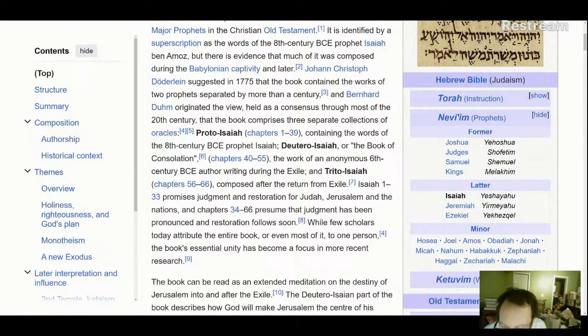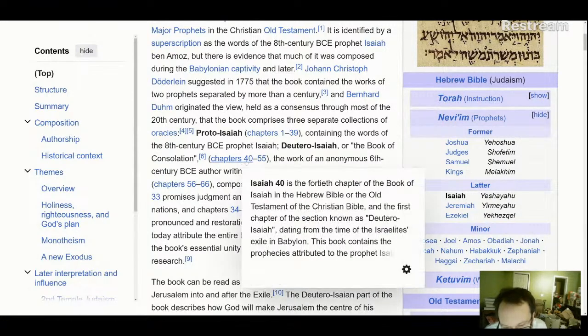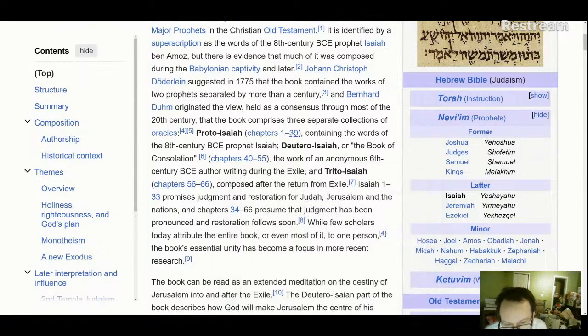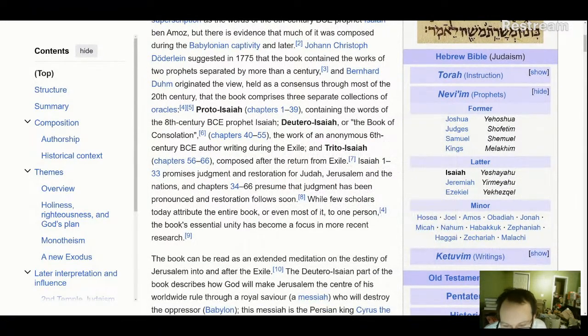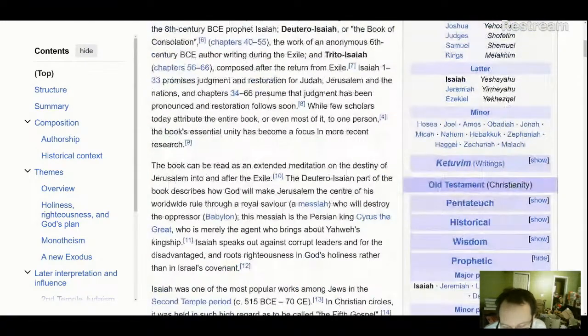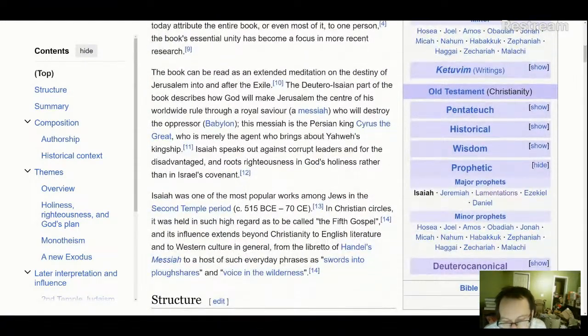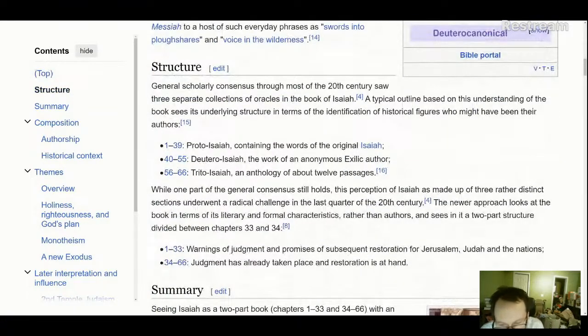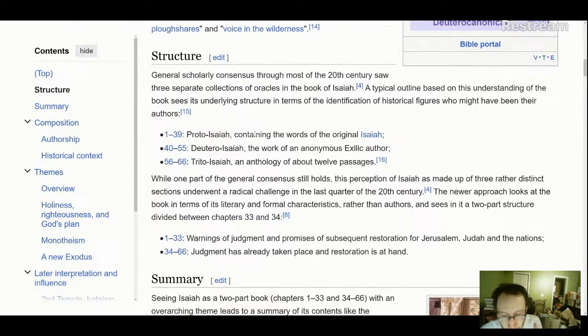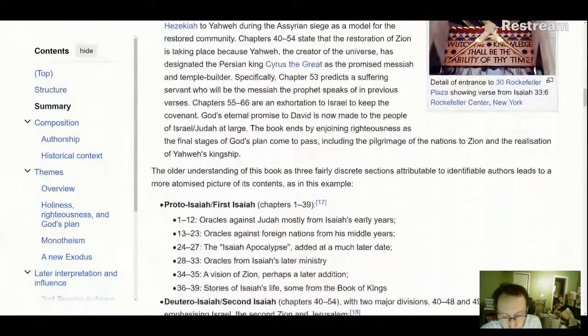So it is highly illogical and nonsensical to say that the person who wrote chapter 40 is a different author than who wrote chapter 35, because it literally is part of the same prophecy. So the scholars get confused by chapters 36 to 39 because it interrupts the flow. But when you remove those chapters, it's so obvious, so clear that they are part of the same text.